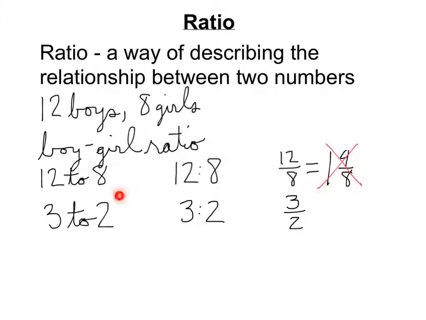Notice that no matter how it's written, we always say it like this. This is a 3 to 2 ratio. And so, you need to remember to reduce your ratios.